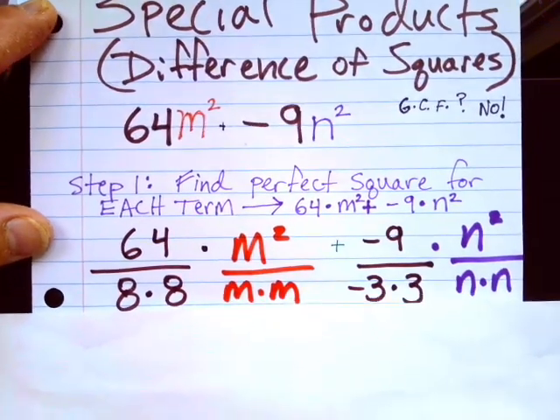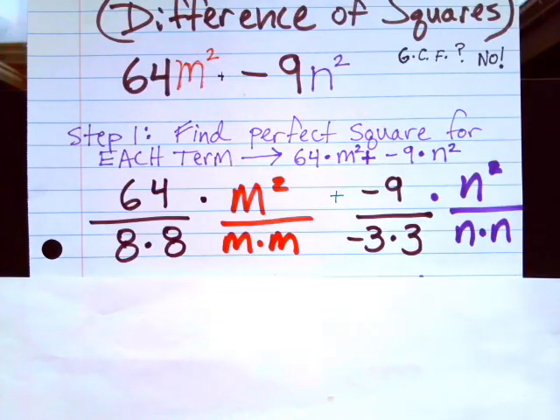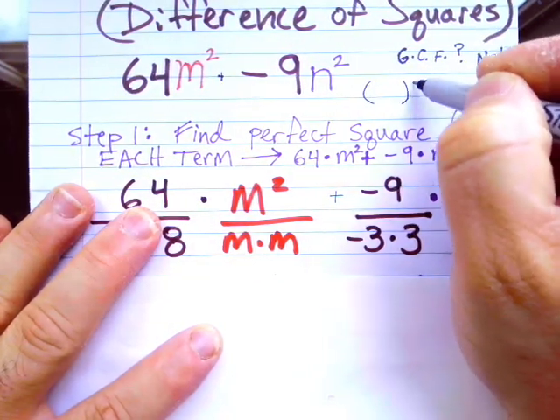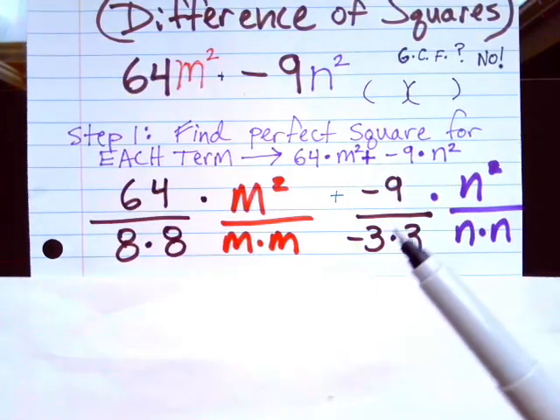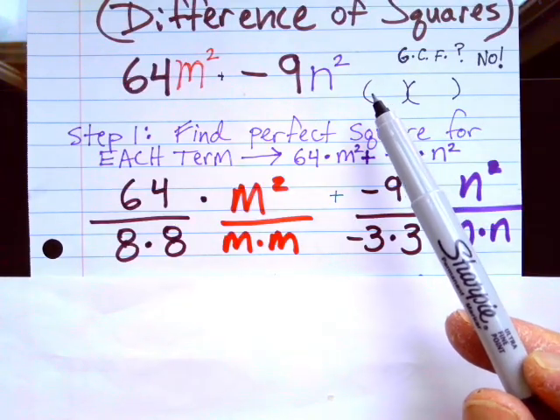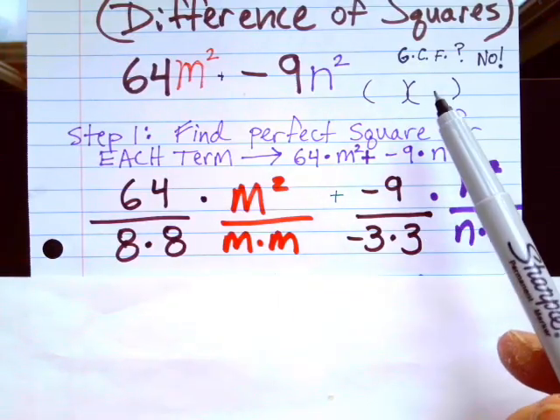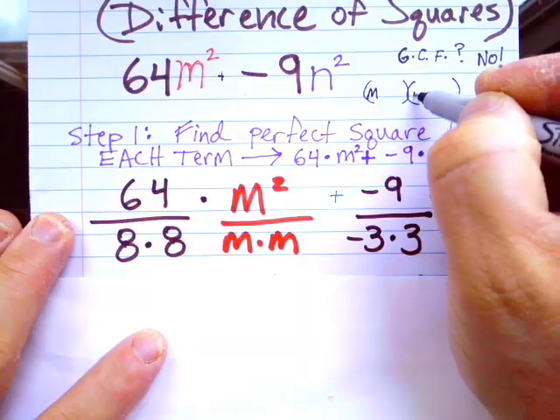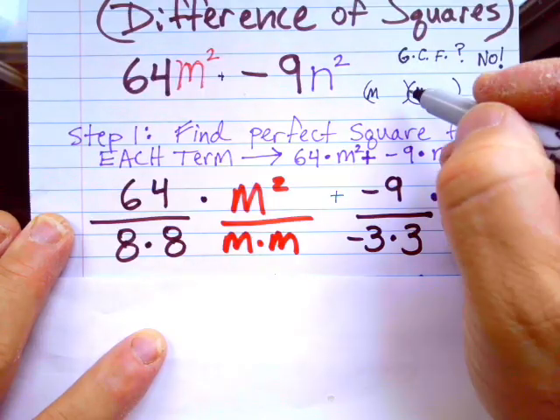And another thing I want to remind you when we're factoring, most of the time, you're going to want to put these into parentheses. And remember, usually we're using x's or y's, but we're going to say m times m. M times m is m squared. And n times n is n squared.